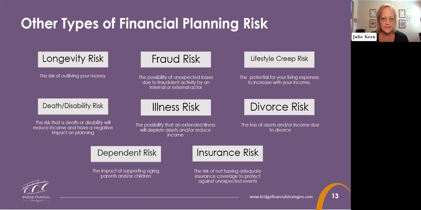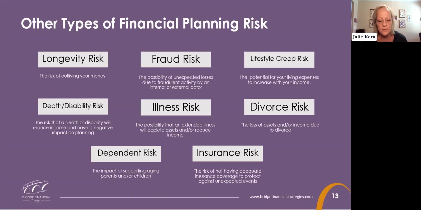Divorce is always a risk. In any divorce, the assets get split in half. So what you're left with post-divorce is going to be less than what you might have originally been planning around. So just a risk to be cognizant of. And then dependent risk.